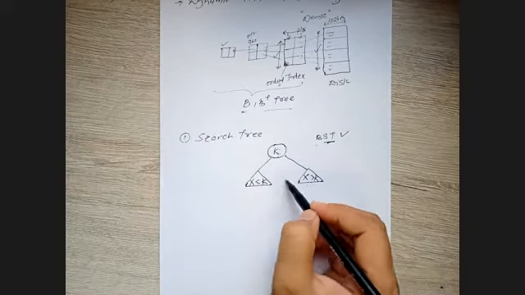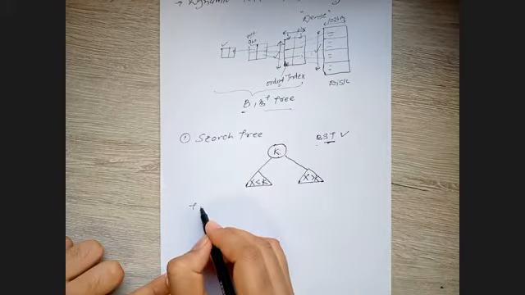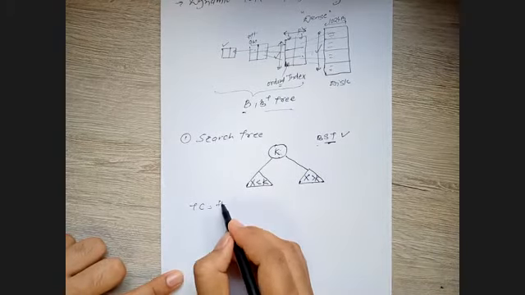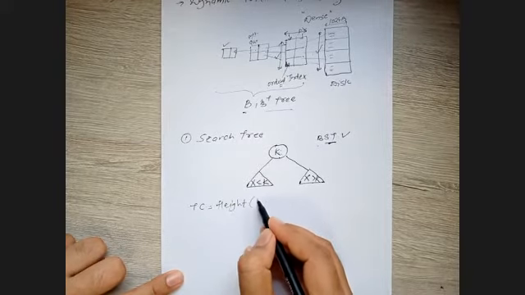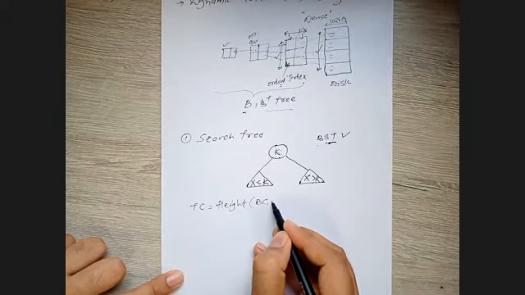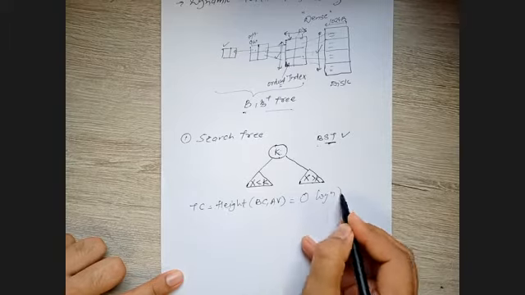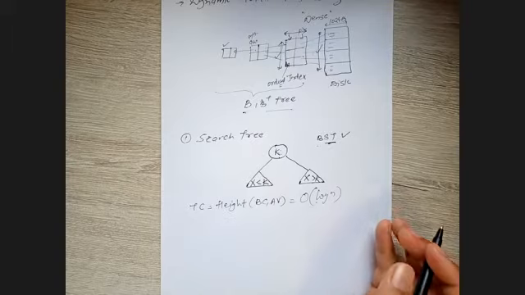For time complexity, it equals the height of your binary search tree, and this is the same for the best case and the average case, which is order of log n, or log h, the height of your tree.